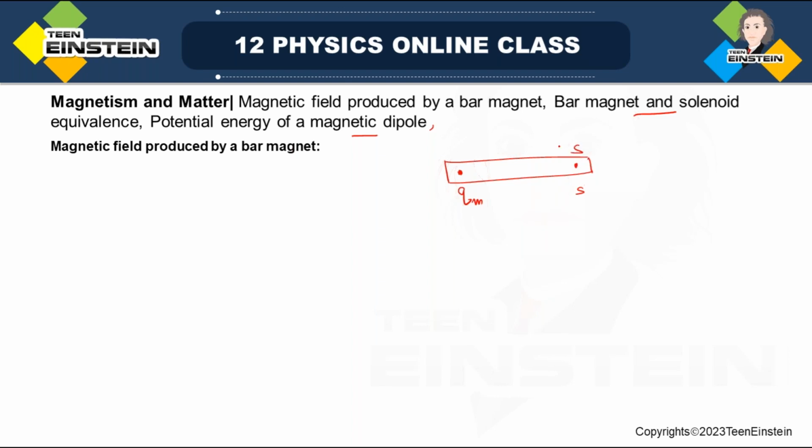Say this is the south pole, this is the north pole, here it is minus qm charge. So magnetic charge, that's why the suffix is m.